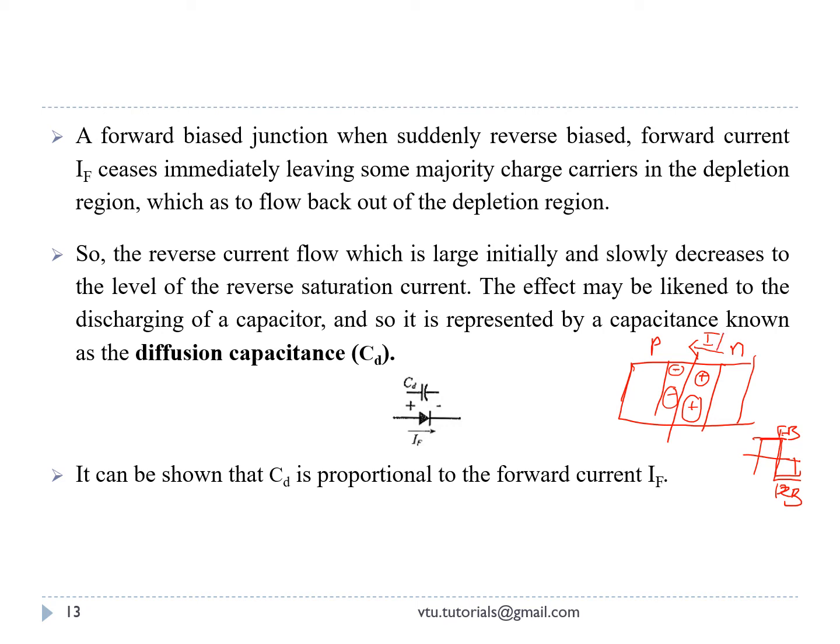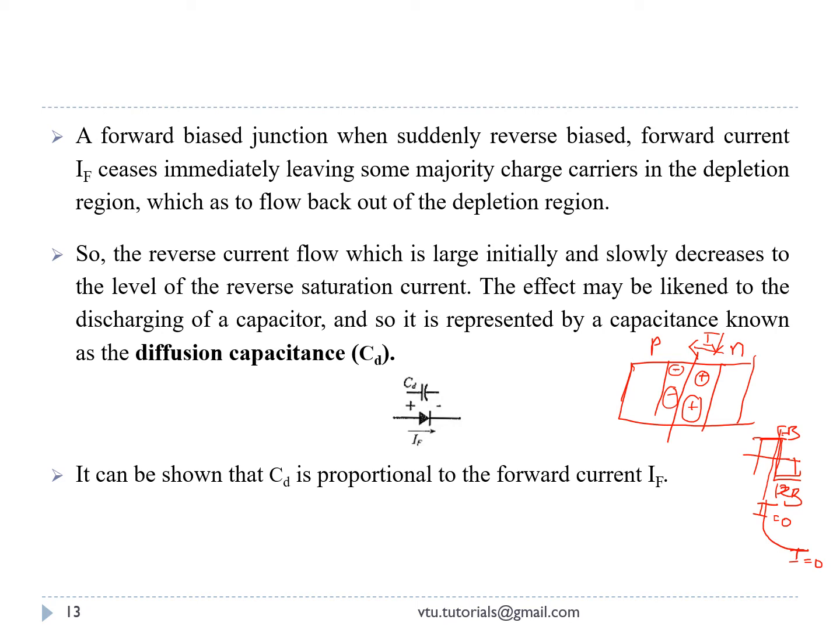Suddenly the current will not be equal to 0. At the point of sudden change, I will not be equal to 0, but I will reduce to 0 slowly with time, due to this parameter.